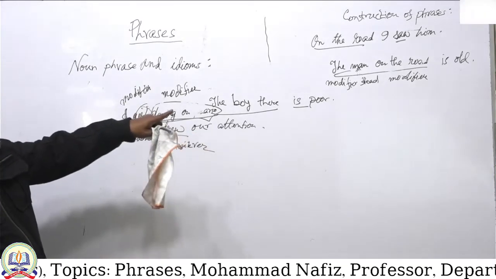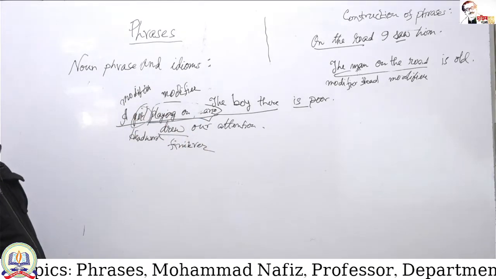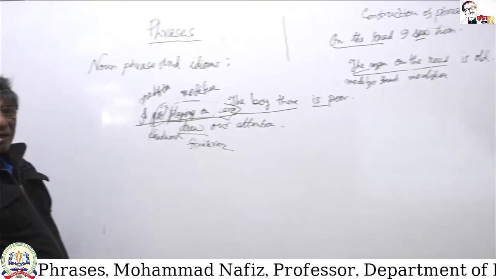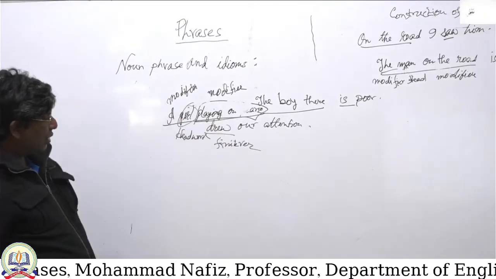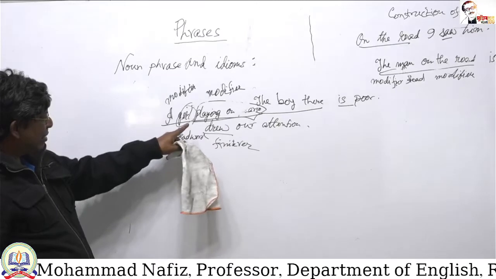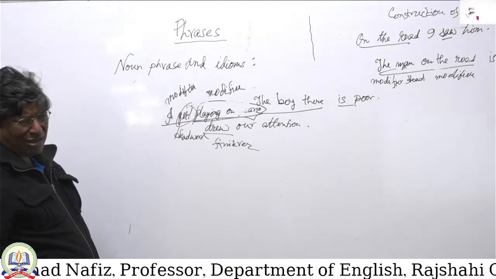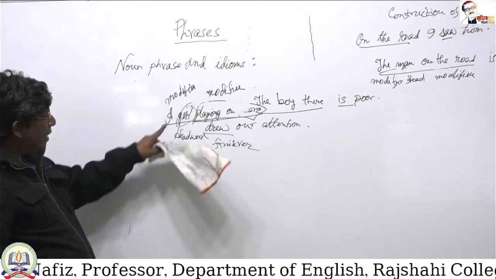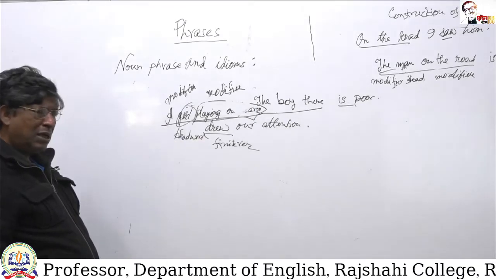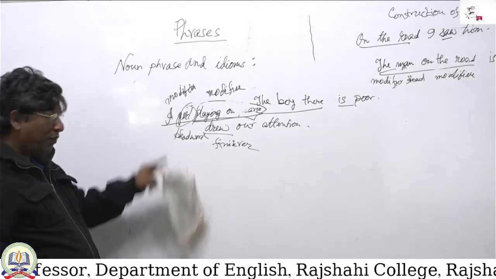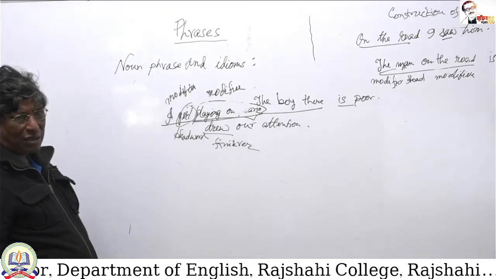In the phrase the man on the road is a prepositional phrase modifying the head word noun, and in the phrase a girl playing on piano is a present participle phrase that modifies the head word girl.